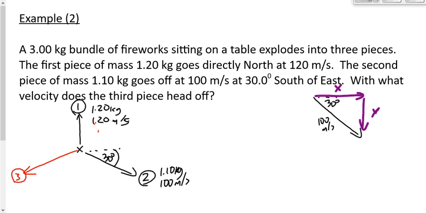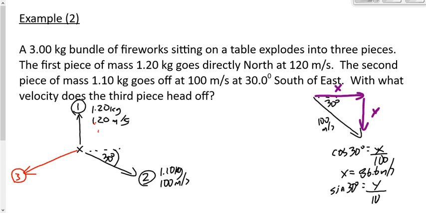So let's do that. Let's say cosine 30 degrees is equal to X over 100. That's adjacent over hypotenuse. 86.6 meters per second. Let's say sine 30 degrees is equal to Y over 100. That's opposite over hypotenuse.